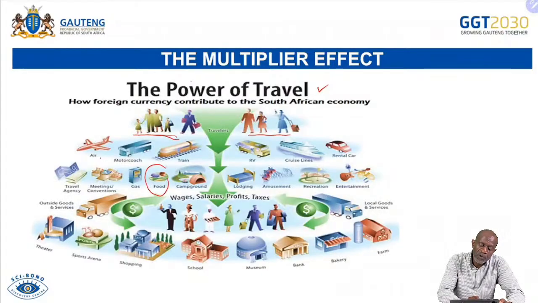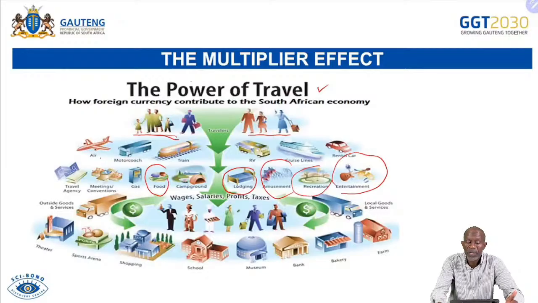They need food and beverages. They will pay for accommodation other than transport, which was indicated before, and they will pay for amusement, recreation facilities, and they will also have to pay money for entertainment.